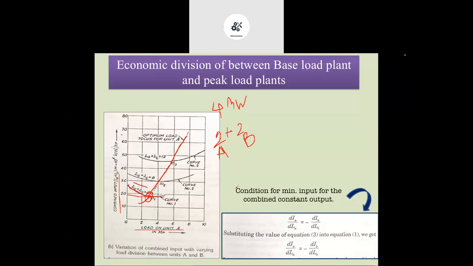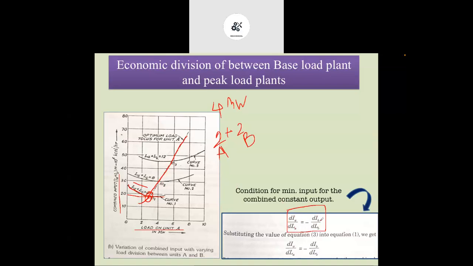So keep in mind that whenever we divide the load, we should not mostly concentrate on individual efficiency, but rather on the overall efficiency of the power plant.